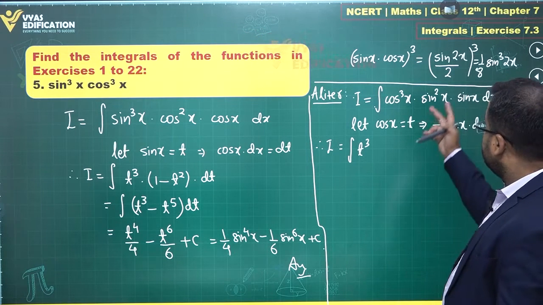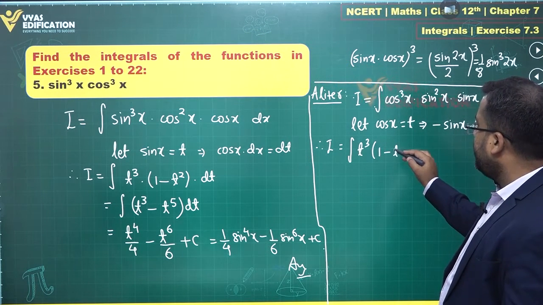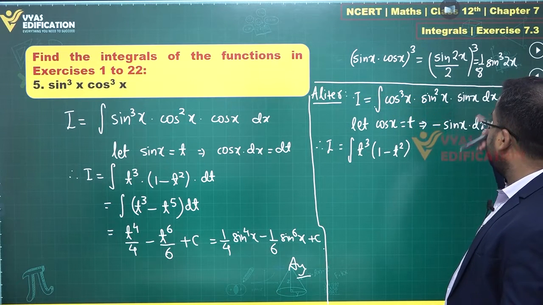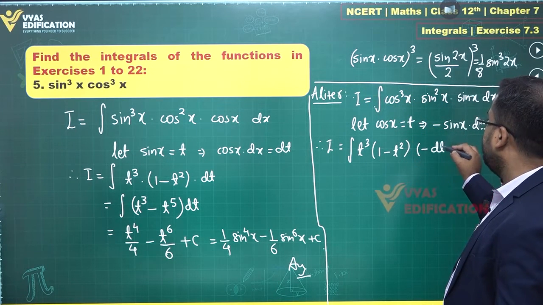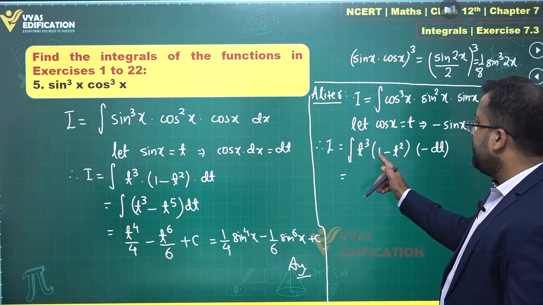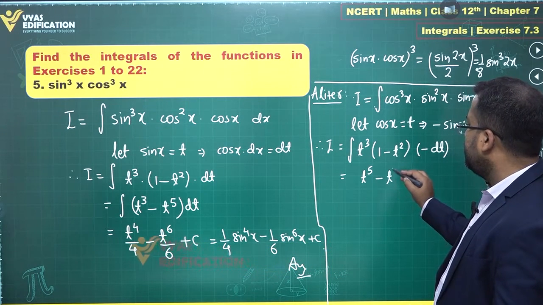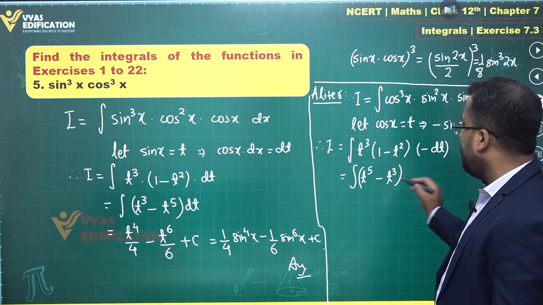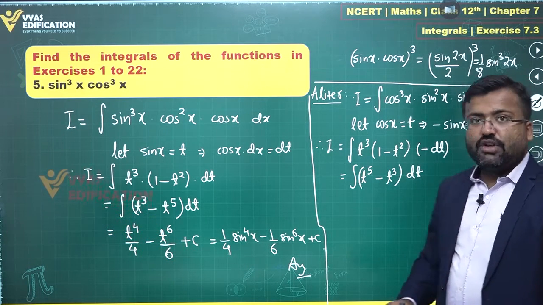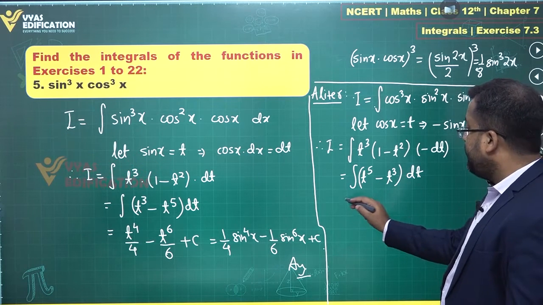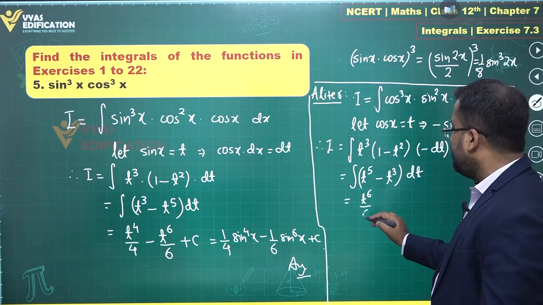Sin square x is 1 minus cos square x. Sin x dx is minus dt. This becomes t power 3 minus t power 5. There's a minus, so this becomes t power 5 minus t power 3 in the bracket, and the integral with respect to t. The integral of t power 5 will be t power 6 upon 6.